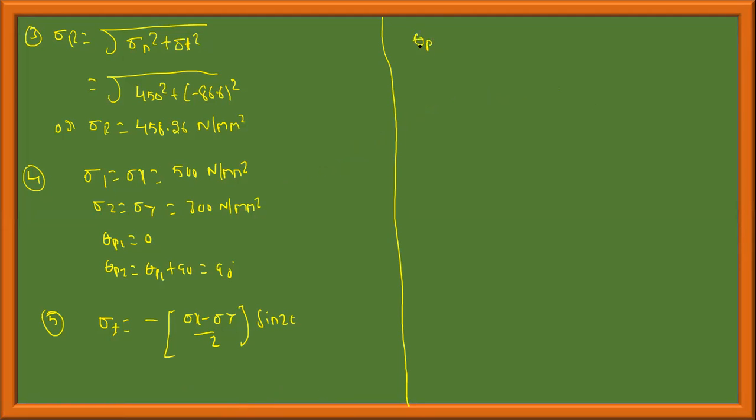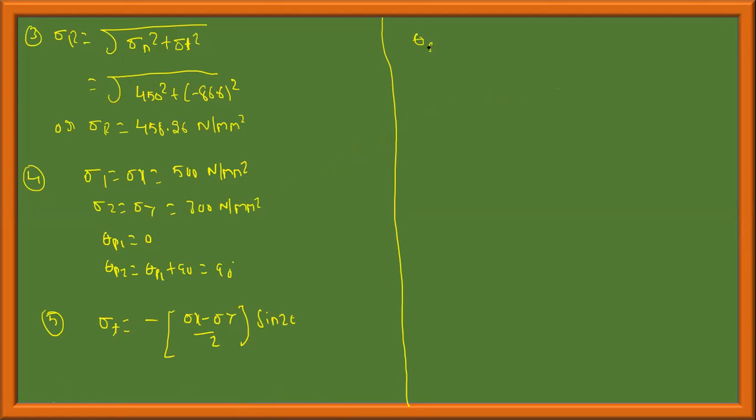Theta s and theta p are 45 degree apart. Assuming theta p1 as positive, theta s1 is equal to theta p1 minus 45 degree.